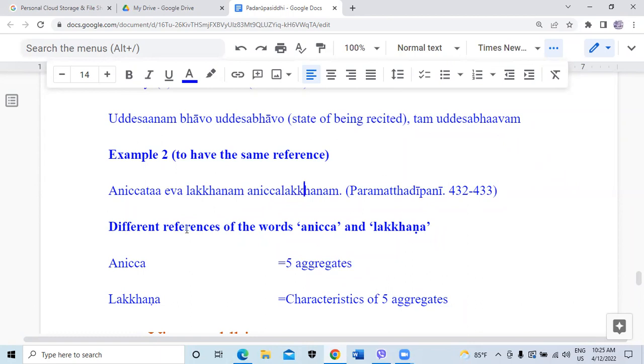So according to Sayadaw G, what he thinks is that in the compound, the bhava is elided, right? Because he thinks that it is the bhava lopa, yes. So what he thinks is it should be anicca lakkhaṇa instead of anicca lakkhaṇa.